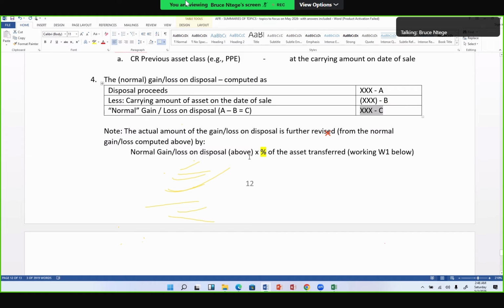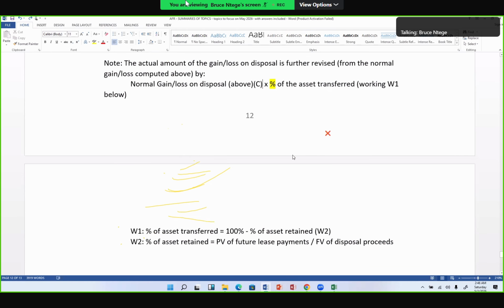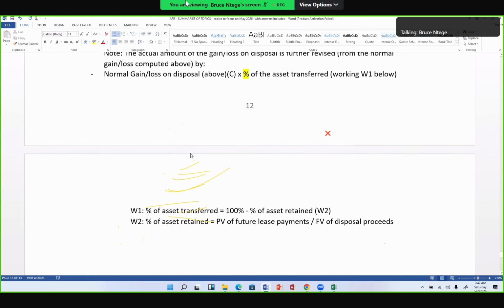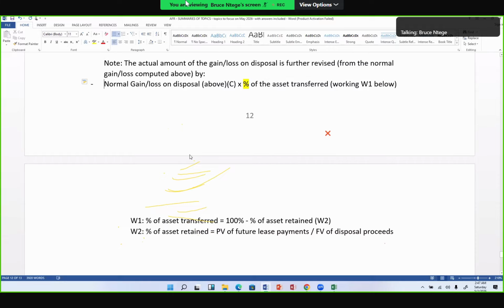In other words, I'm looking for C times the percentage transferred. That figure C, which you've got up there, you're saying times the percentage transferred, and that percentage transferred you've computed somewhere down there. Okay, so that's number 4. We're going to go through a scenario and you'll see how that comes.